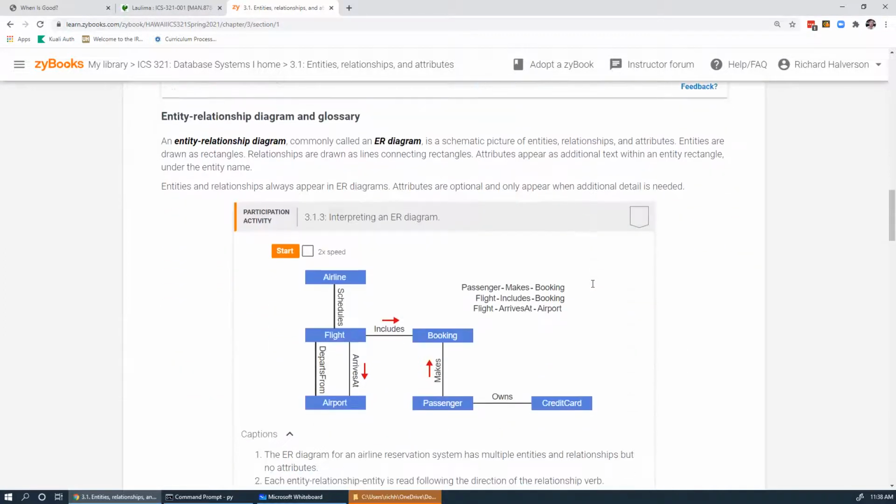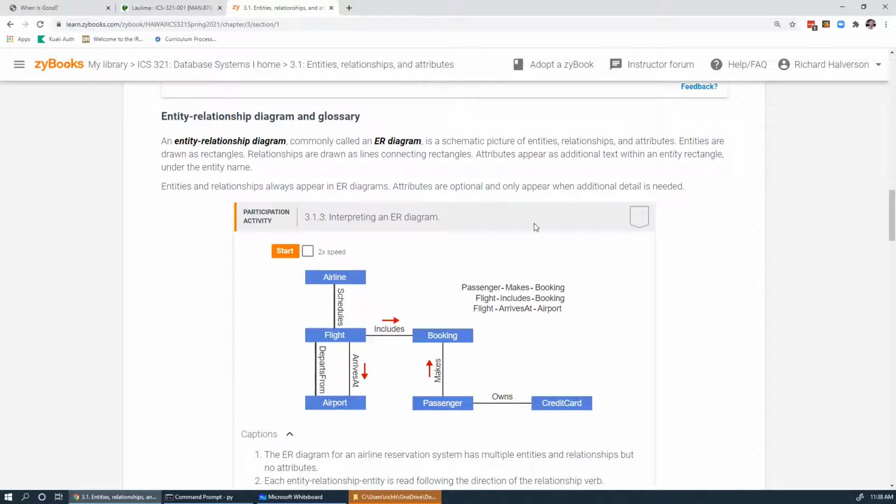Yes. Okay. So an entity relationship diagram, commonly called an ER diagram, is a schematic, a picture of entities, relationships, and attributes. So this is a schematic here. Entities are drawn as rectangles in this case.